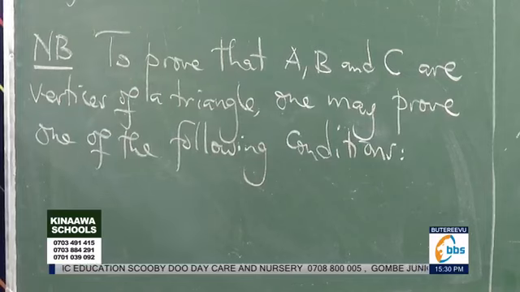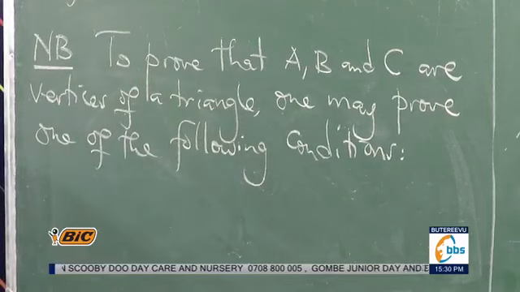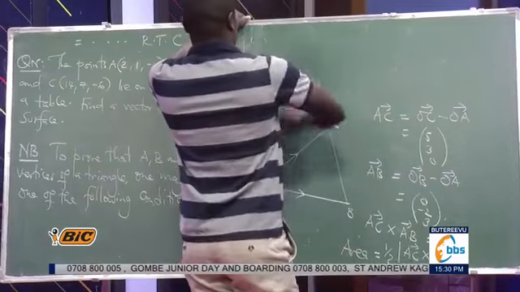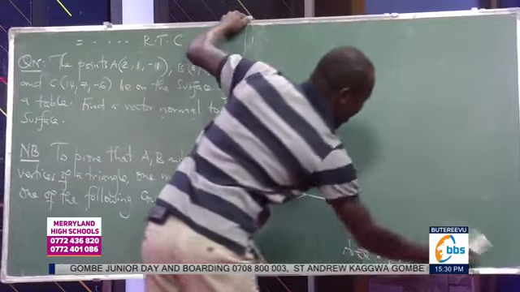Of course, they are not exhaustive, but I want to give those which lie within the things which are at our level. So you could prove one of the following things.